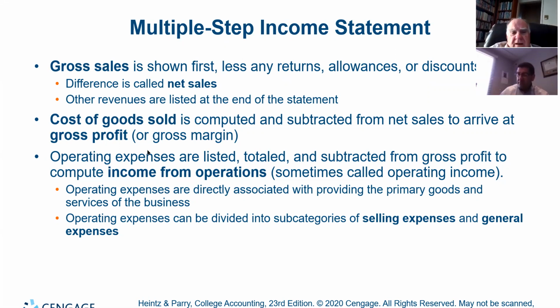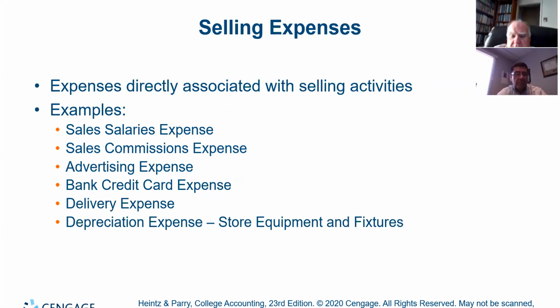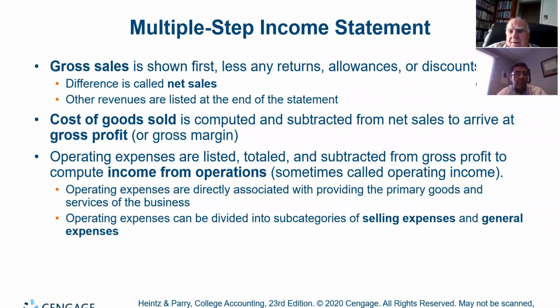And then they're going to list after that what we're going to call operating expenses. Expenses that are directly related to the core business paradigm. Expenses like buying something from a vendor, paying your employees, rent on the factory, all kinds of normal things.